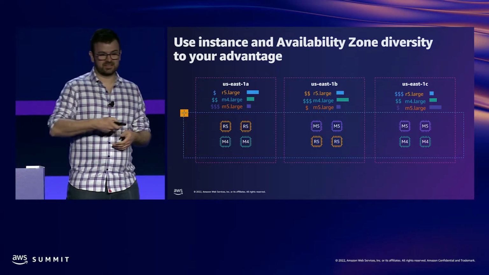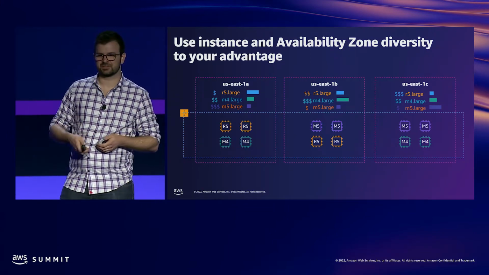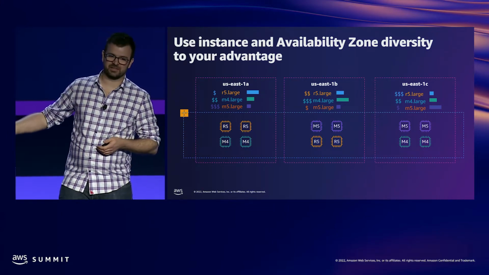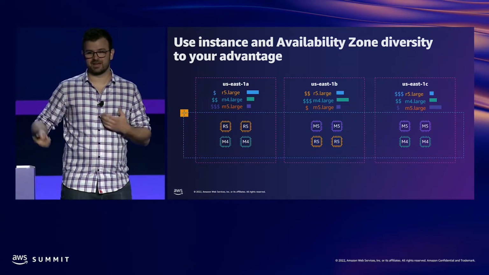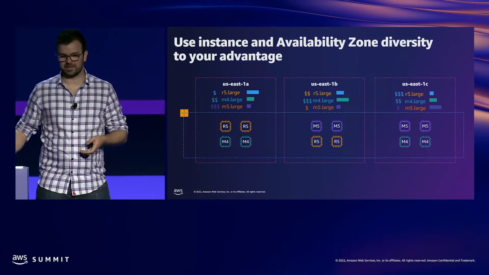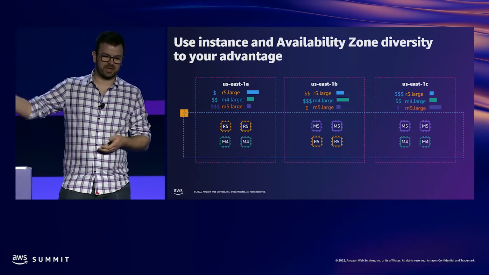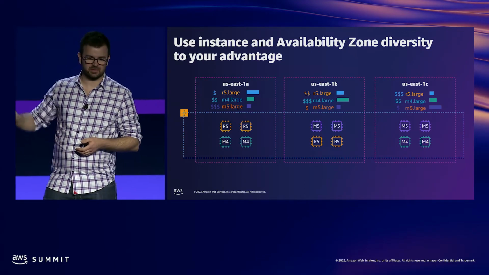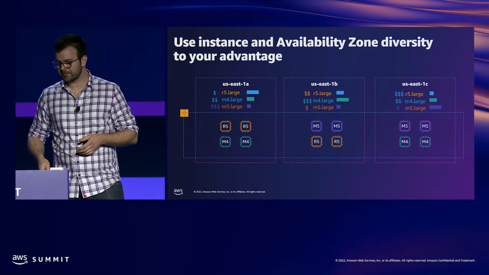But in this configuration, we've got 3 instance types spread across 3 availability zones. So that's 1/9 of your fleet that would be interrupted. So you probably have that kind of built in for failure or fault tolerance anyway in your application. And you have that 2-minute window, so you know, hey, I'm going to need a little bit more capacity. You can launch that before they're taken away and make sure that you're up and running.